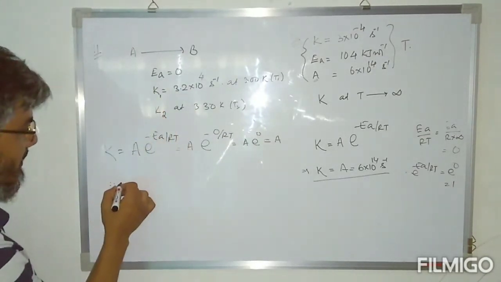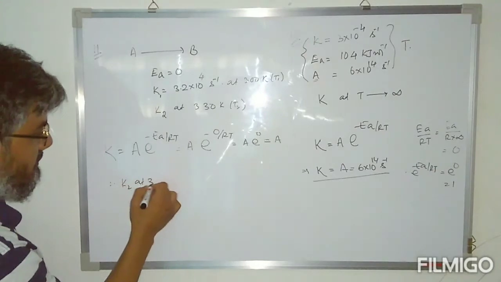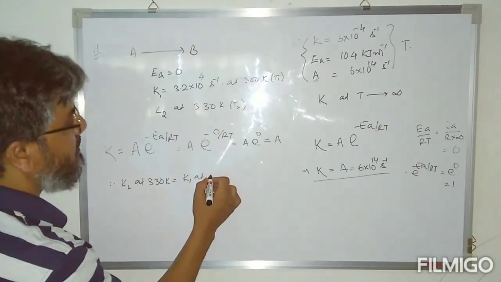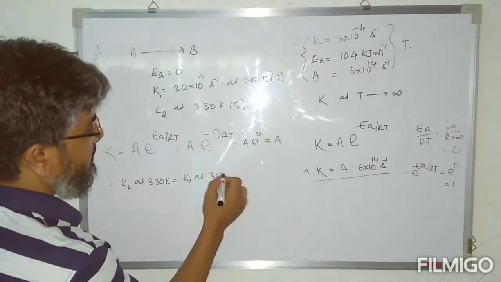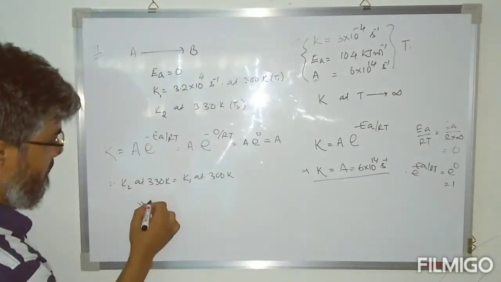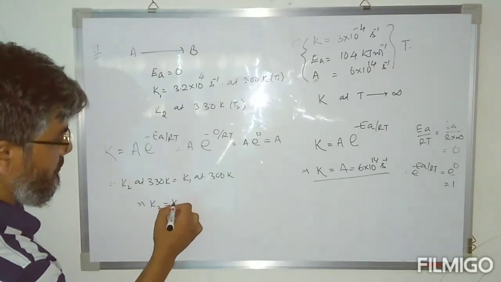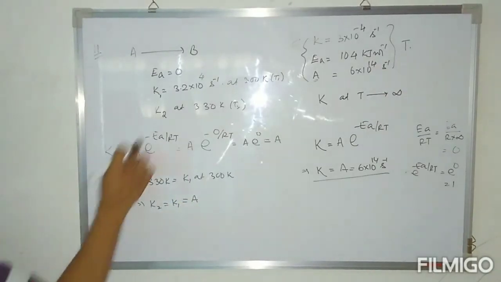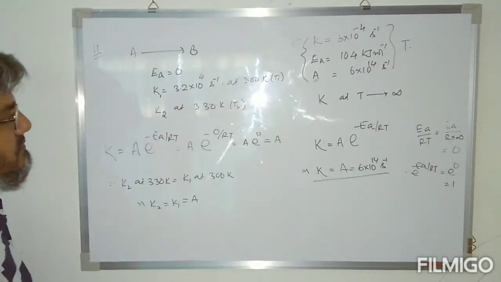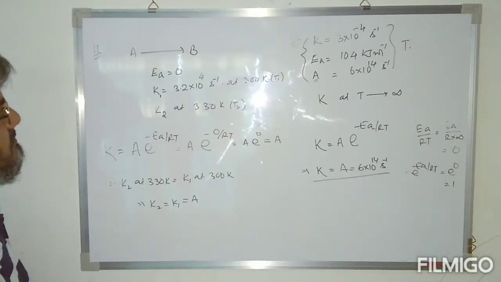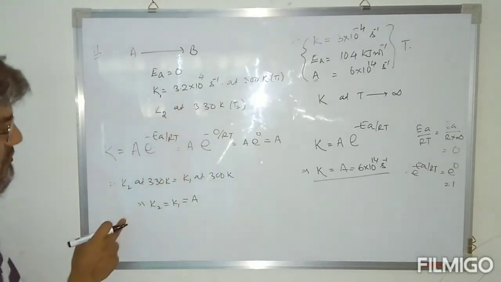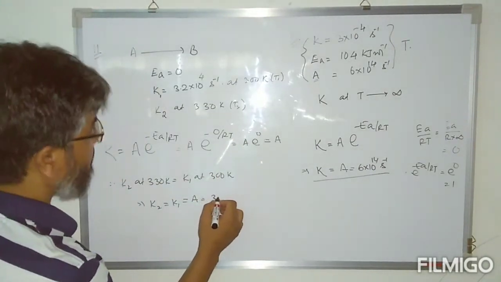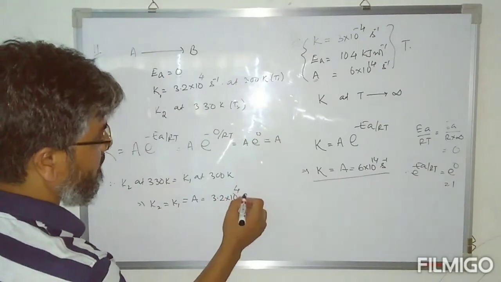Therefore, whatever factor we change the temperature by, if the activation energy is 0, the rate constant will remain constant. So K2 at 330 Kelvin is equal to K1 at 300 Kelvin, which is 3.2 into 10 to the power 4.